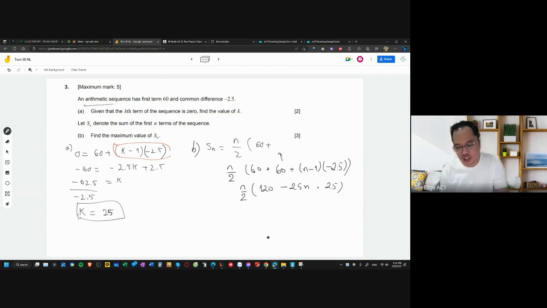Okay, this is a function. This is Sn, a function where n is the variable. Just put un here. Or we can do the derivative.